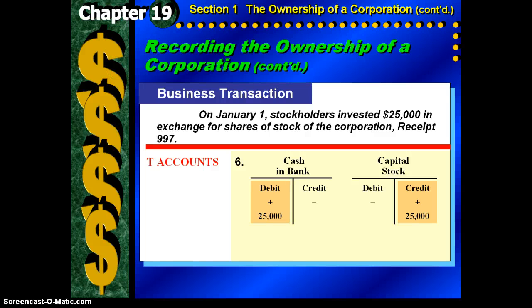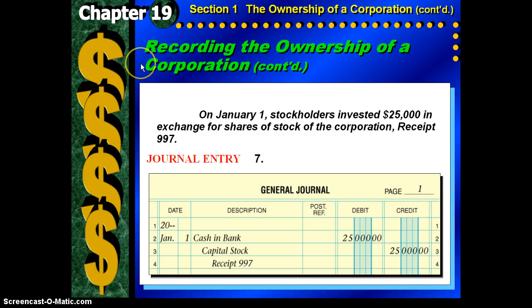All right, so now how would we journalize this? Take a second, think about it. All right, so very basic from your experiences. You would take this transaction in a general journal, and on the first line you would put in the year. The second line you're going to put in the month with the day, and you're going to align to the left your debit, which is cash and bank, and you're going to put in the debit amount in your debit column, $25,000.